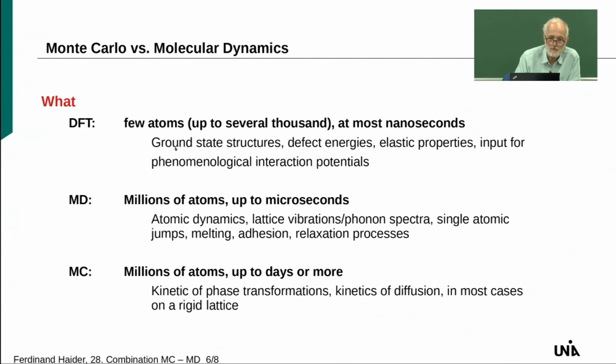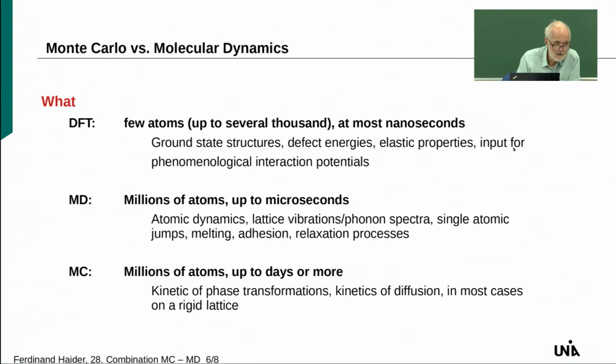So what you obtain from DFT: ground state structures, so which crystal structure is the most stable one, for example, what's the energy of a vacancy. Dislocations and grain boundaries is already difficult. Elastic properties, since this is only small displacements.